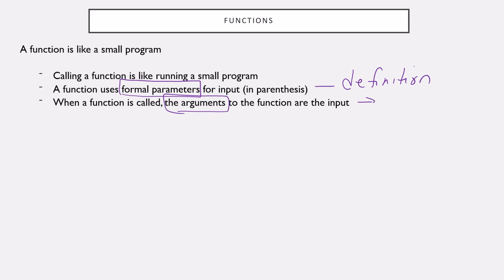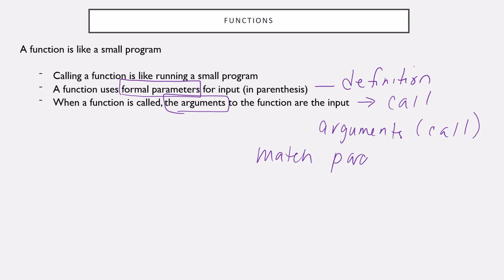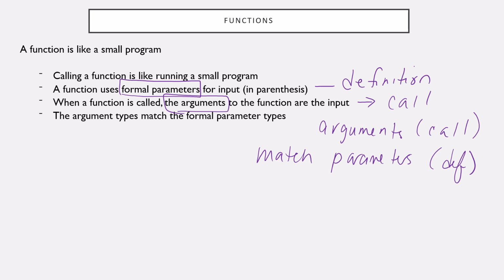The arguments are going to match the parameters. So the arguments in the function call match the parameters of the function definition. The argument types match the formal parameters. I didn't even know it was going to say that, but the arguments match the formal parameters.